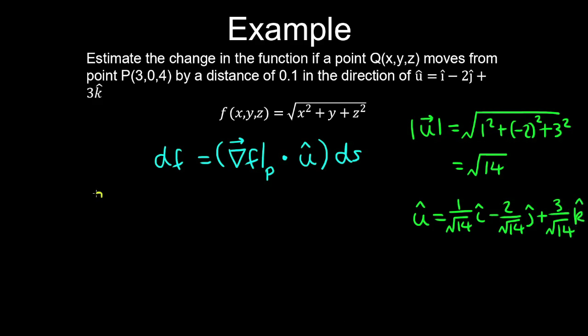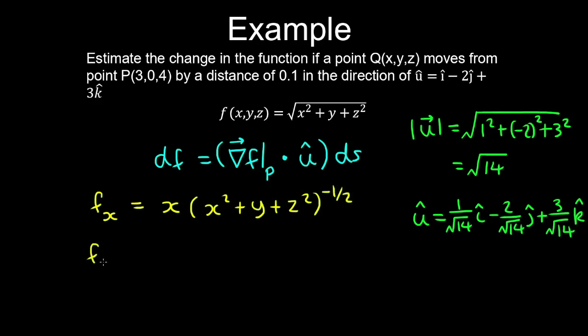And evaluating the partial of f with respect to x by the chain rule, we get 1/2 by 2x, which is x, by x squared plus y plus z squared to the minus 1/2.